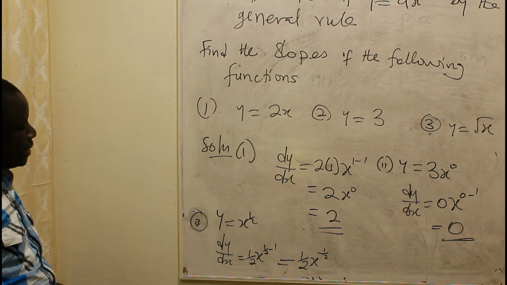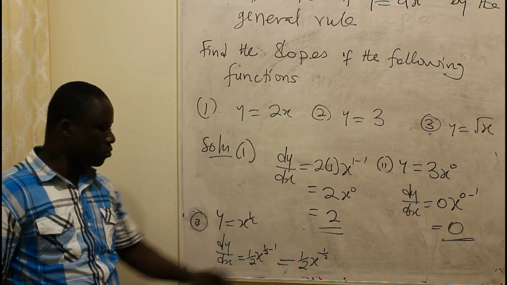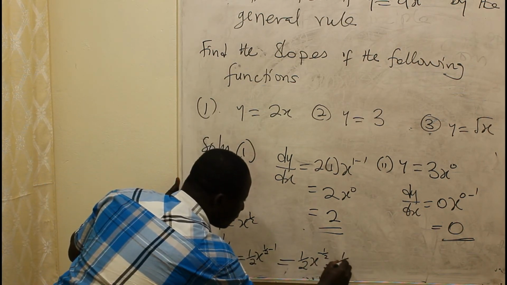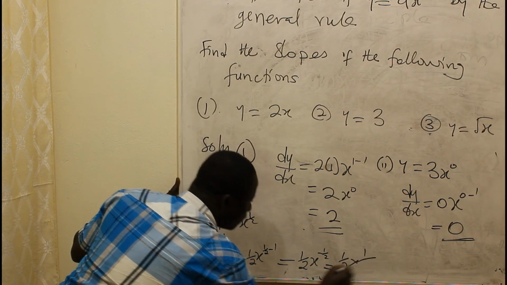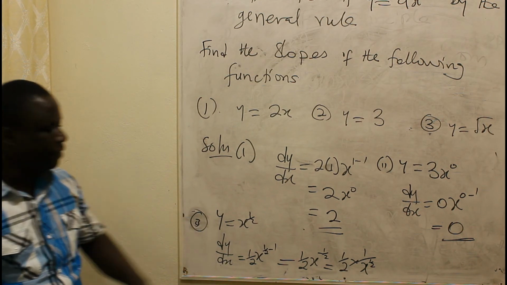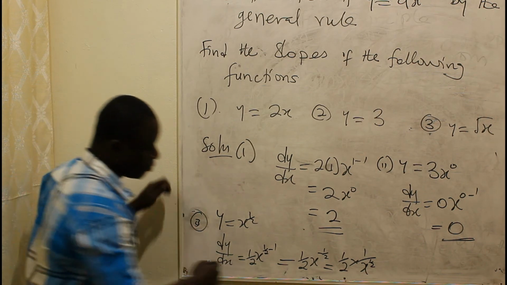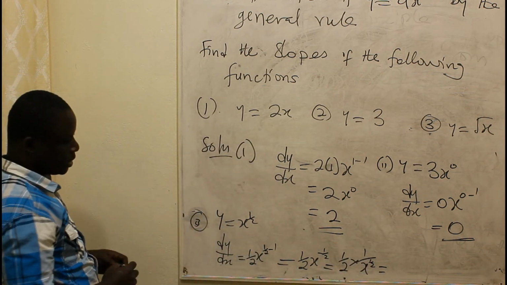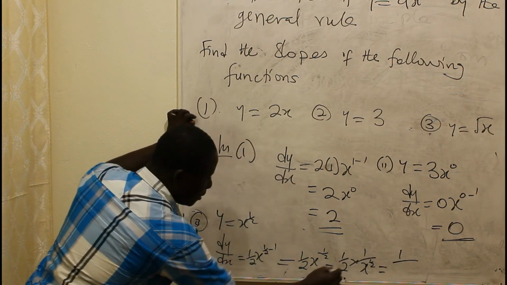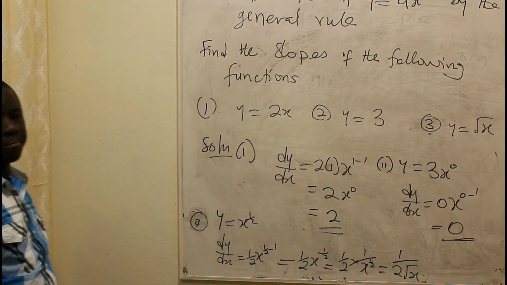Per the ideas we have in indices, a negative exponent changes to 1 over. So the whole function, if we want to simplify, is half times 1 over x exponent, now positive half. So the negative index has now changed to a positive index. And when we multiply numerators and denominators together, it is 1 over 2 root x. And that is the answer.